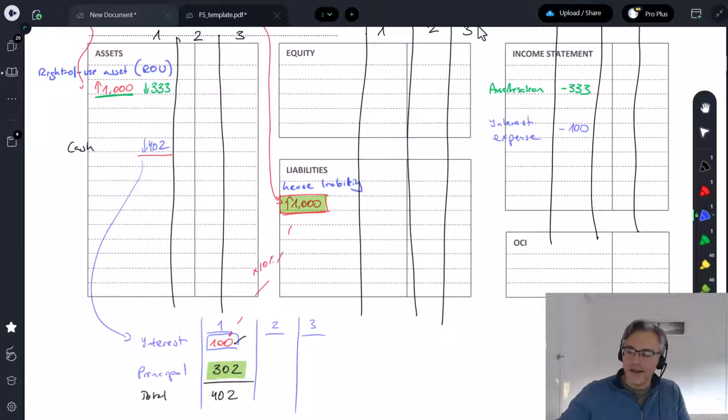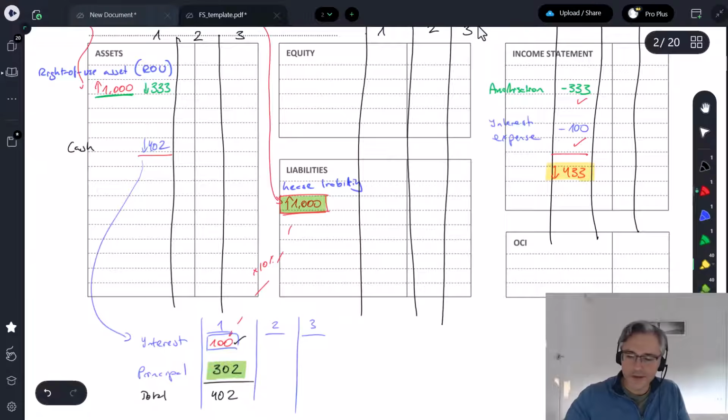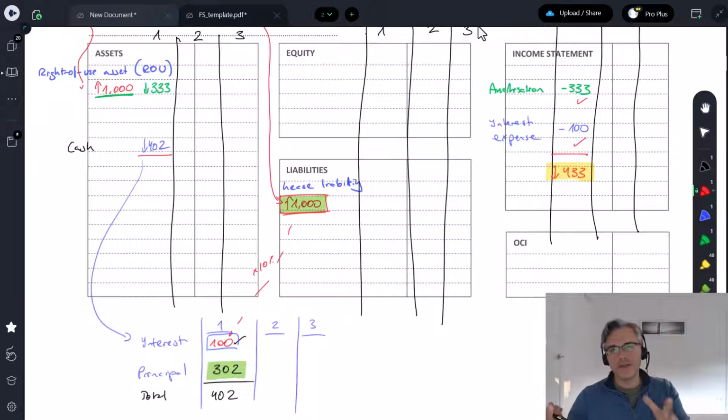And your P&L, the income statement, gets charged with two things: a bit for amortization and a bit for interest expense, the total being, of course, 433, both numbers being negative and both numbers impacting your profit in a negative way. And let's not lose sight of the fact that whatever you do to your income statement has a direct impact on equity, because after all, the profit, whatever it is, gain or loss, gets transferred to equity at the end of the period.